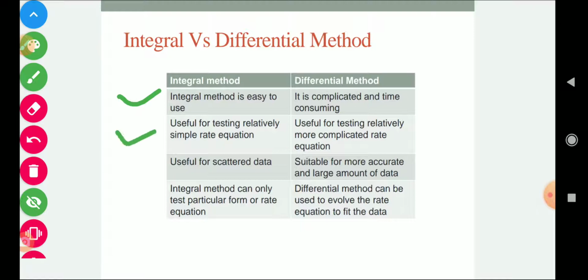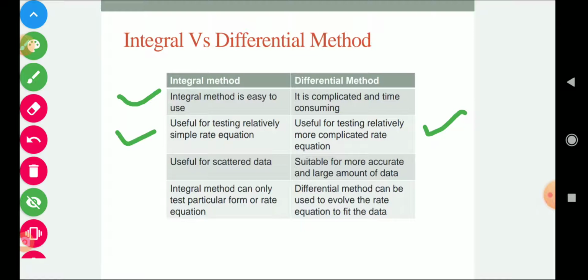Second, it is useful for testing relatively simple rate equation. On the other hand, the differential method is useful for testing relatively more complicated rate equation. Like if you have some fractional value of order of reaction, or if you have very complicated rate expression like RA equal to CA upon 1 plus CA square plus B, like that.